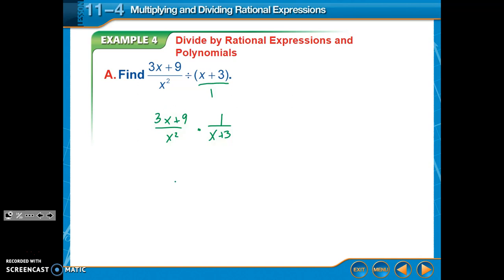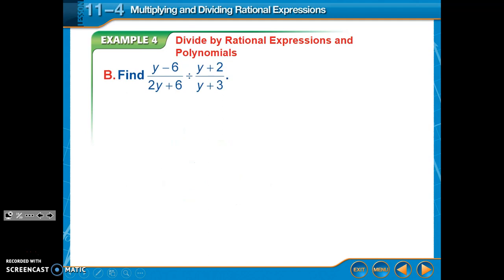On the top, they're both divisible by 3, so this is 3 times x plus 3 when I factor out 3, over x squared times 1 over x plus 3. Now I have x plus 3 on top and bottom. They cancel, and this becomes 3 over x squared. And now that's simplified.